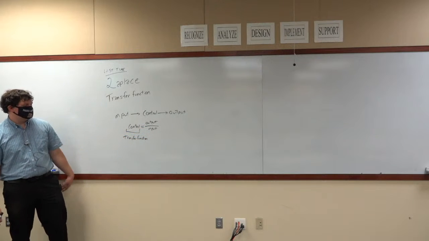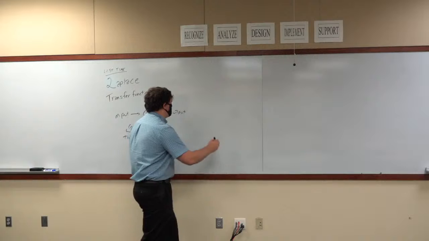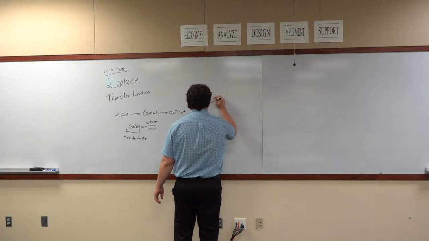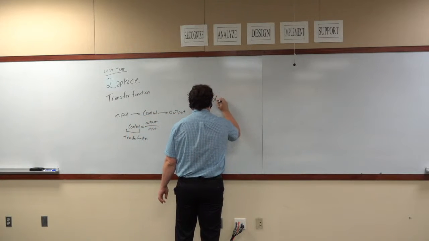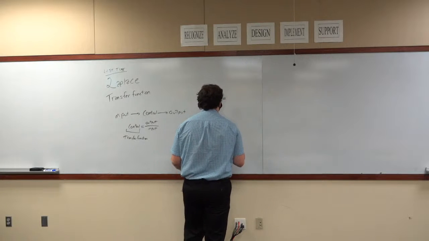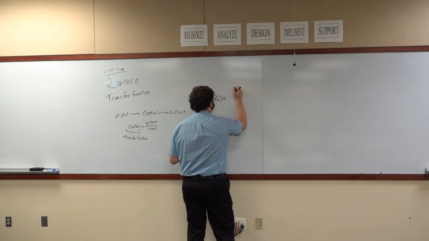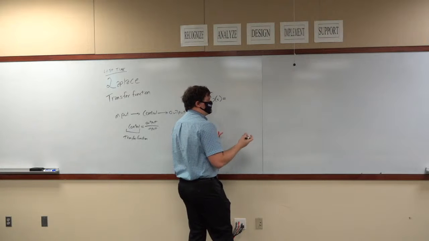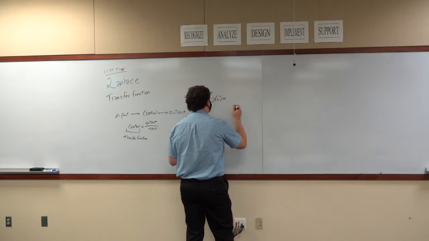Now the transfer function itself requires a Laplace transform. So the equation is G of s is equal to, I guess we'll do x and y, where y is your output.